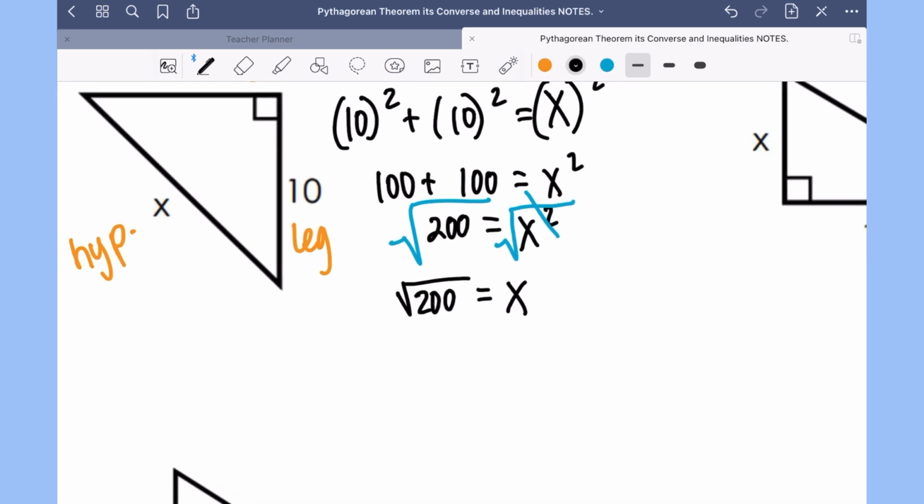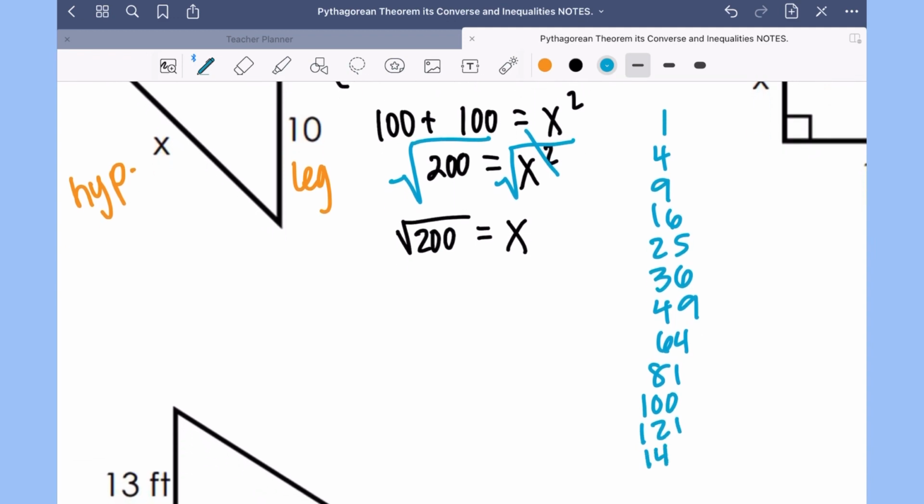So let's simplify this radical. If you have a list of your perfect squares, which perfect square will divide into 200? If you need me to write the list, it's 1, 4, 9, 16, 25, 36, 49, 64, 81, 100, 121, and 144, I believe, is as far as we went.